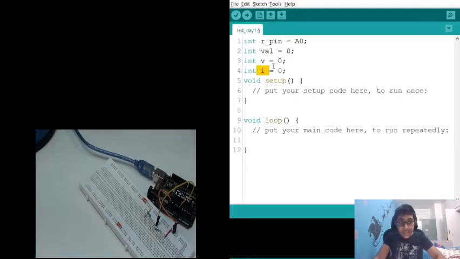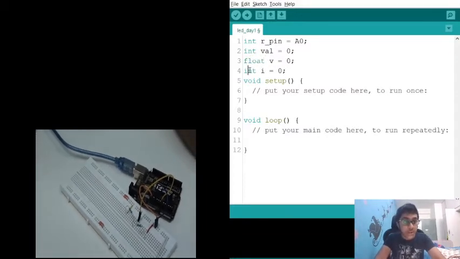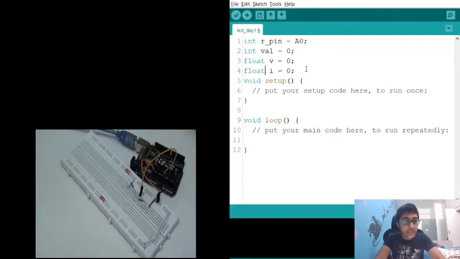The current is going to be read as 0 itself if we do not make it a float. That's a decimal point. So right now, let's convert all of these to floating points. Actually, we do not need to convert the value which we'll read, but we can convert everything else to floating points. Float v, float I.